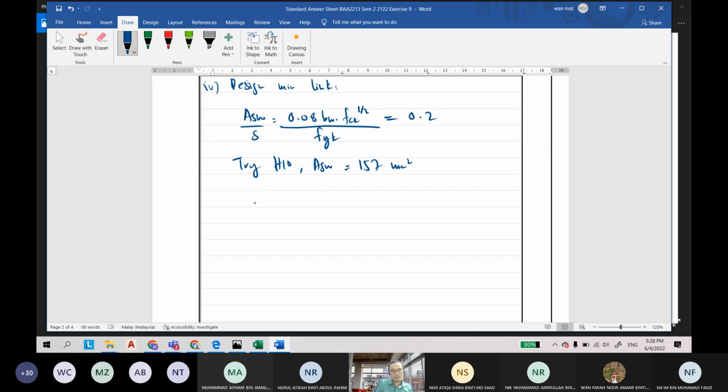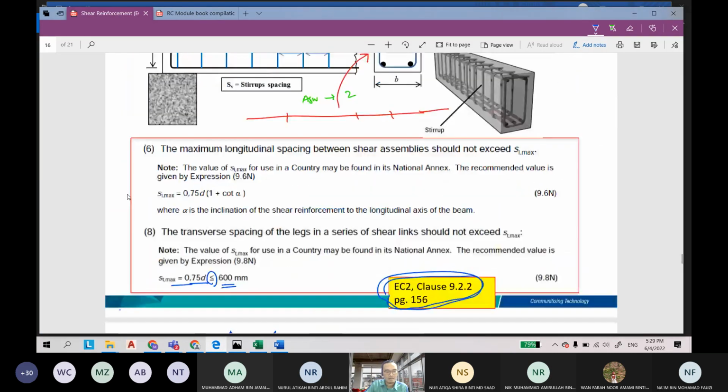So spacing S is equal to ASW divided by 0.2. So may I know the answer of new S at the midspan? Any answer for our S? 785.